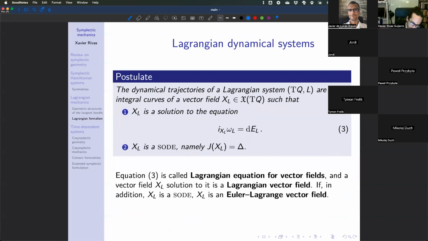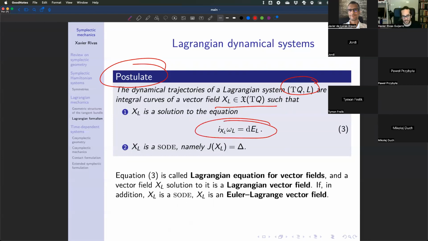And the last postulate of Lagrangian mechanics. What's this postulate? It says that the dynamical trajectories of a Lagrangian system are the integral curves of a vector field such that it satisfies this equation, which of course corresponds somehow to this equation here on the Hamiltonian side.